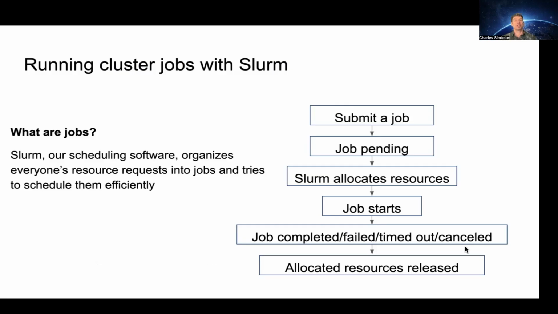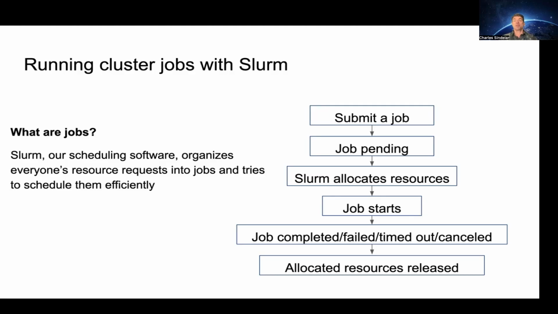So what is Slurm? Slurm is scheduling software that broadly allows our cluster to equitably share resources amongst the many users who are doing research on it. The process by which Slurm operates is that you will submit a job request to Slurm.